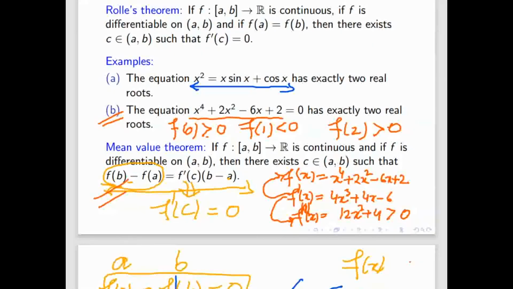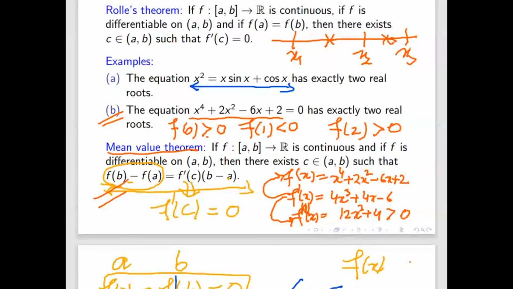Does anyone have any doubt? Tell me, I will repeat if you want. Why is it at most 2 roots? f dash has exactly 1 root. Suppose f has 3 roots. Then what will the mean value theorem give? It will give 1 root of the derivative between each pair of roots, so 2 roots for f dash.